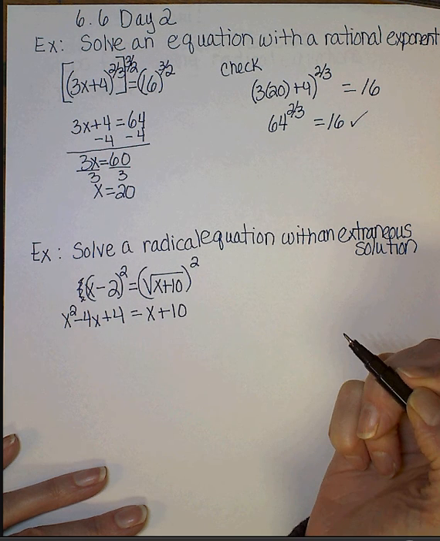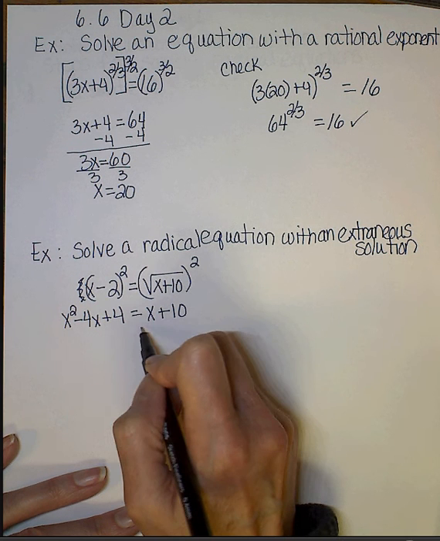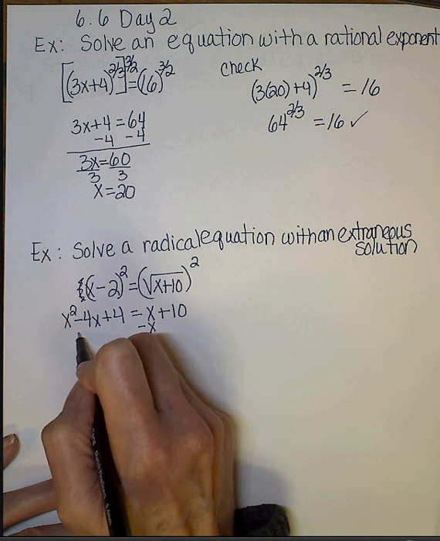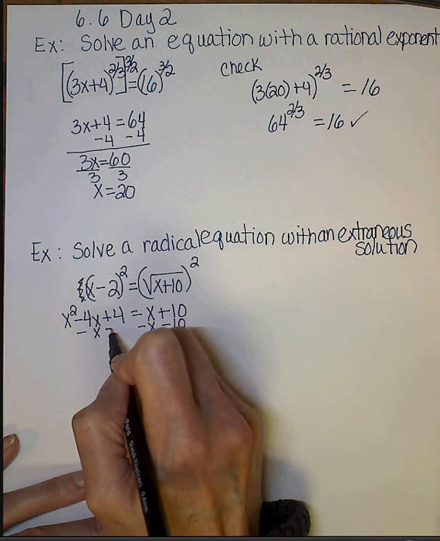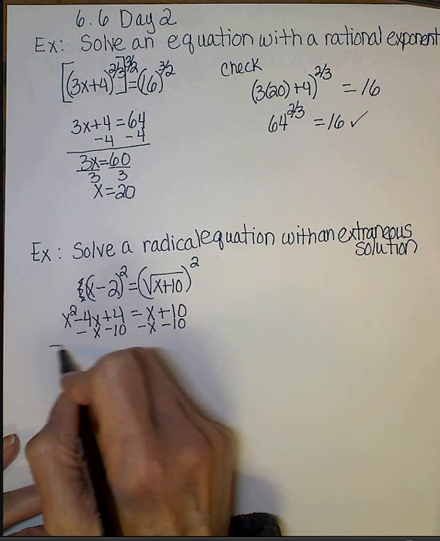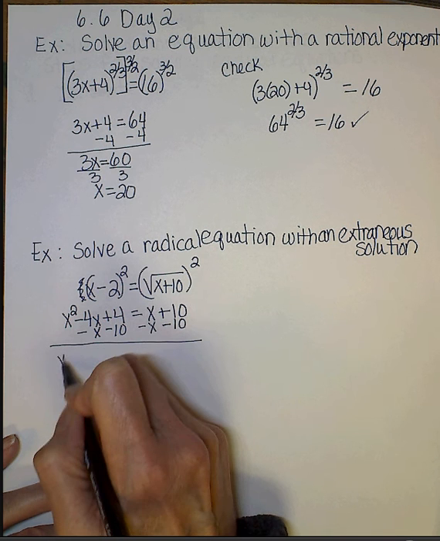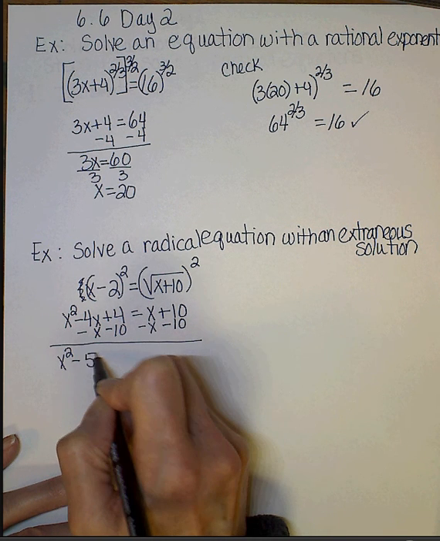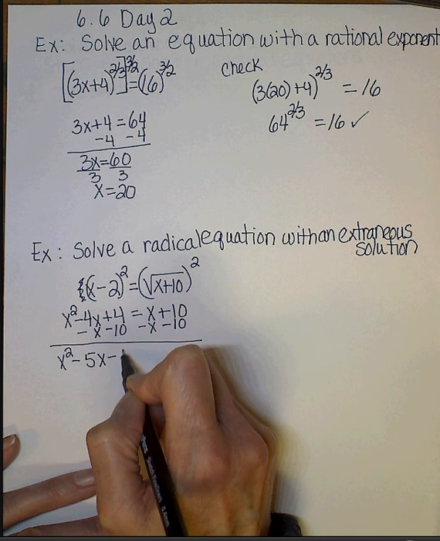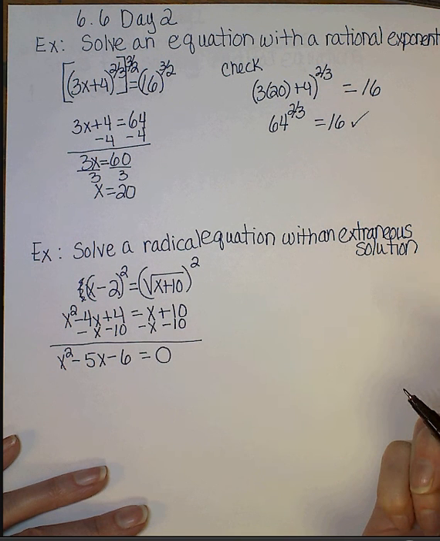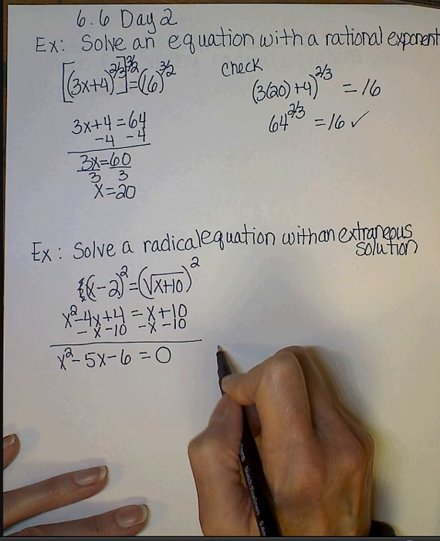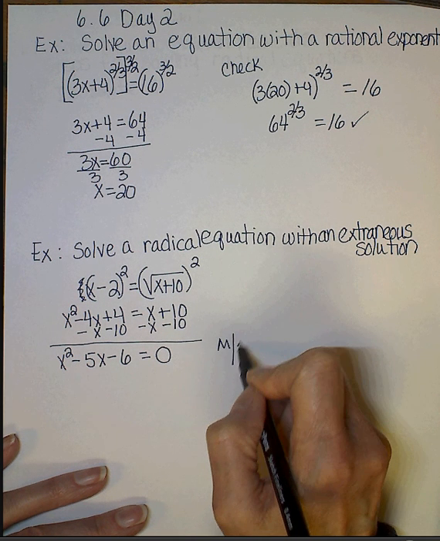Okay, now I need to get it set equal to 0. So I'm going to subtract over the x, and I'm also going to subtract over the 10. Alright, so x squared minus 5x minus 6 equals 0. Alright, so this is a trinomial, which we can factor to solve. We spent a whole chapter doing this.